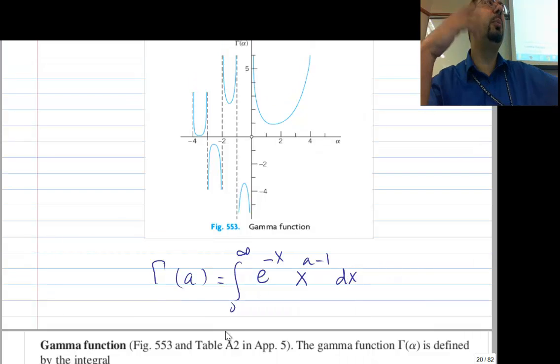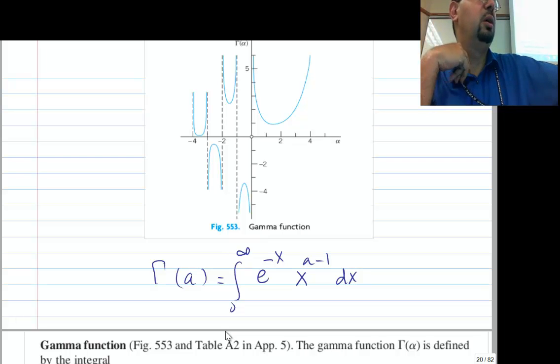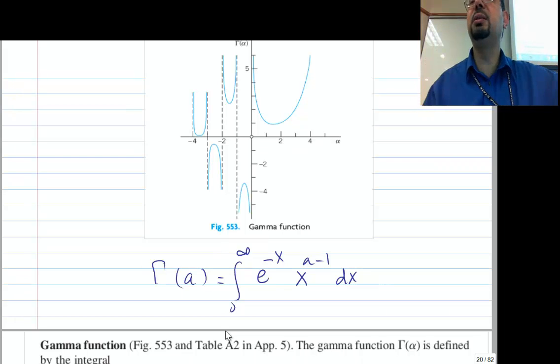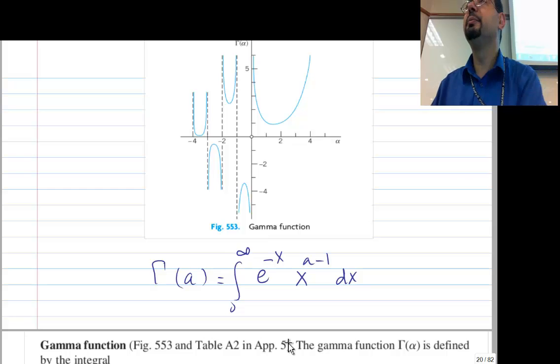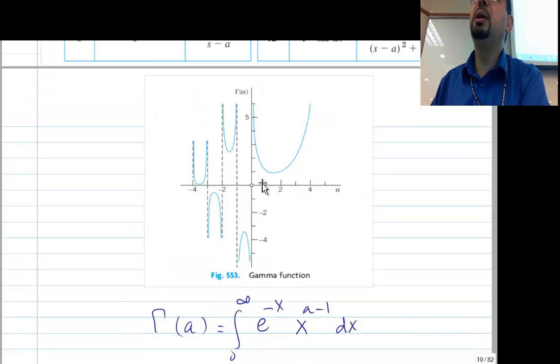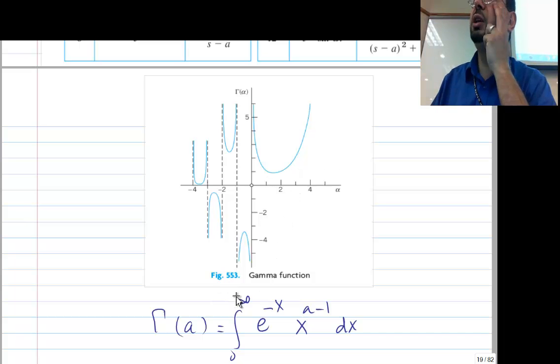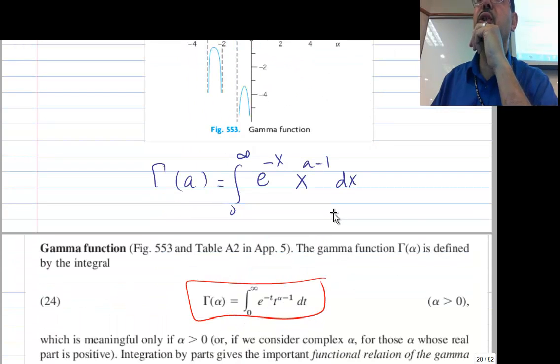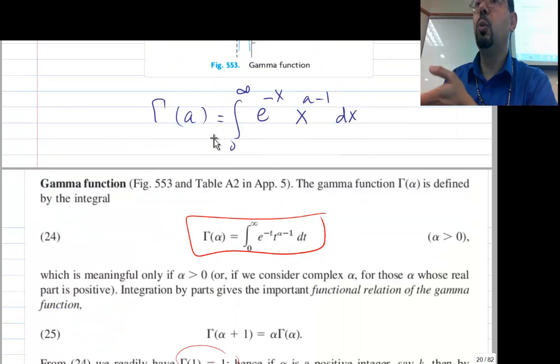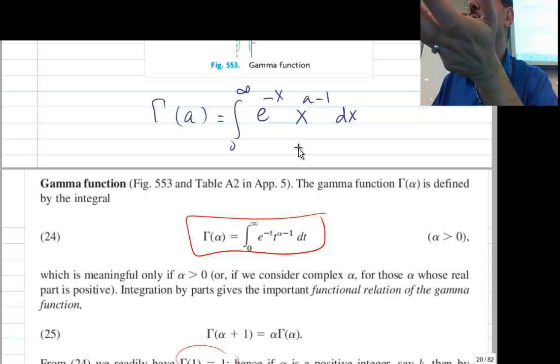This integration will show up in many other endeavors, and so someone decided to actually do this integration, and it ended up showing up like this. So this is the plot of the gamma function. This is figure 553 in our textbook. The gamma function will look like this, and it's the value of that integration.